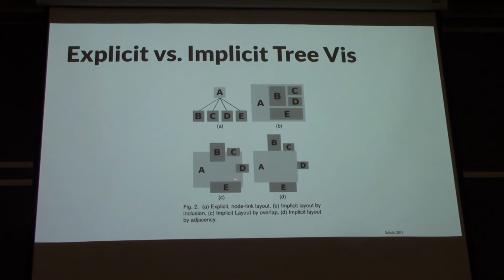Then we could have them by overlap. So a node is a child of another node if it is overlapping with that node, or it is also possible by adjacency. So here B is a child of A because it's adjacent to A, so there's no gap between them.